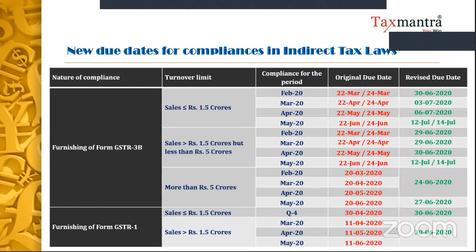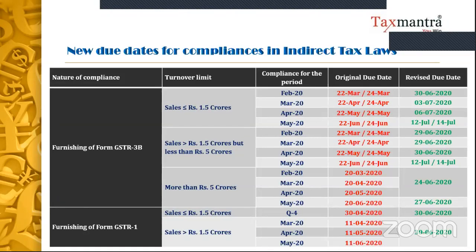In case of February, the due date was 20th of March. In case of March, the due date was 20th of April. In case of April, the due date was 20th of May. All together, now it has been extended to the 24th of June.